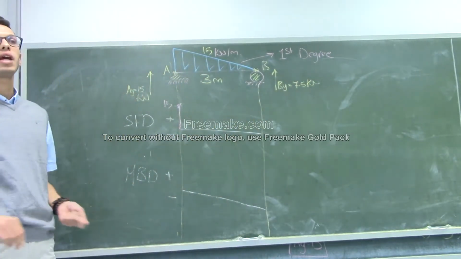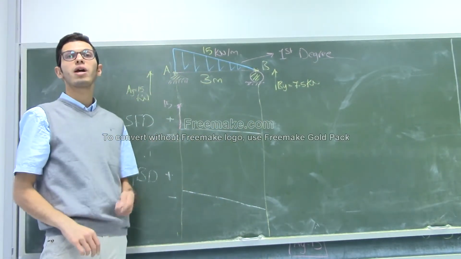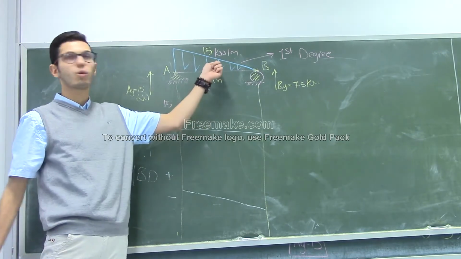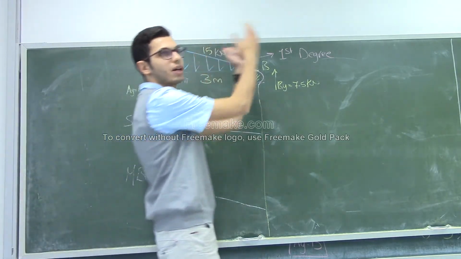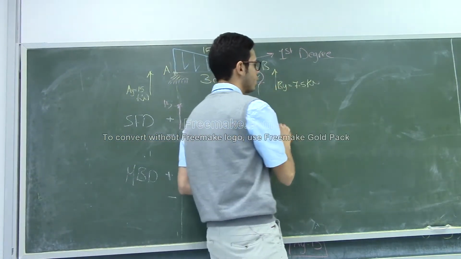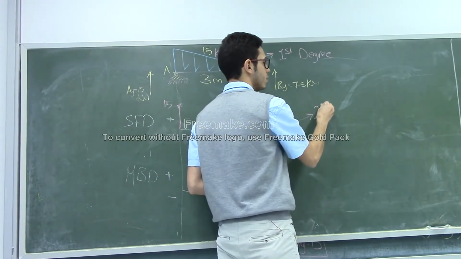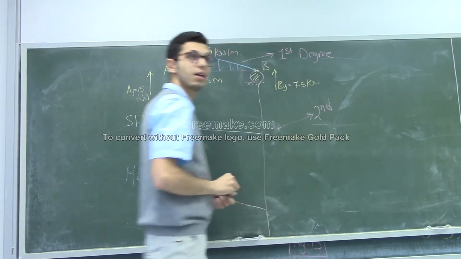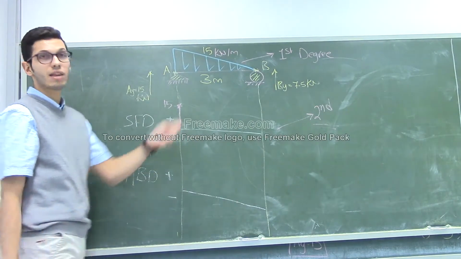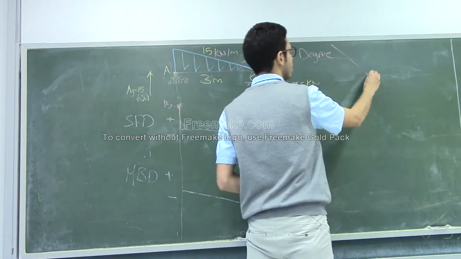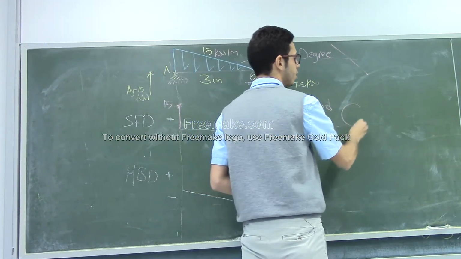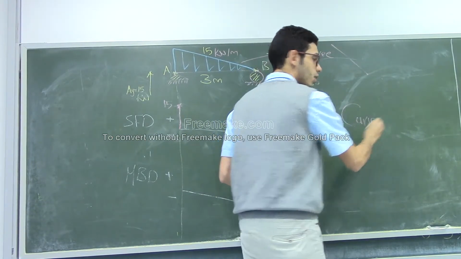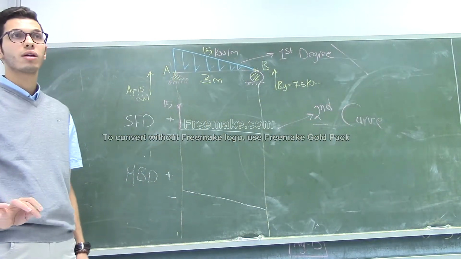And the shear force diagram is the integral of the load. So if I'm at first degree for the load, at the shear diagram I should be at second degree. The first degree is a line, so the second degree should be a curve.